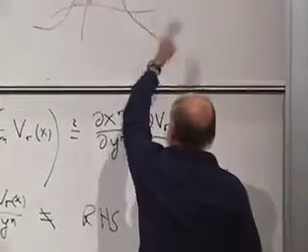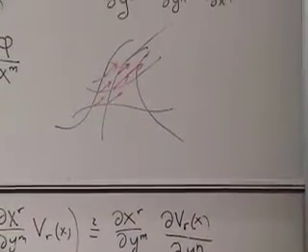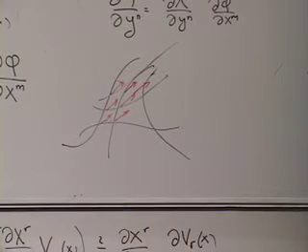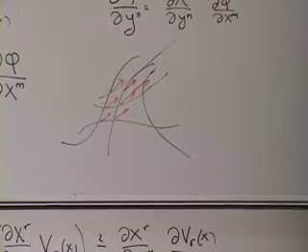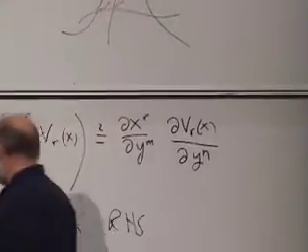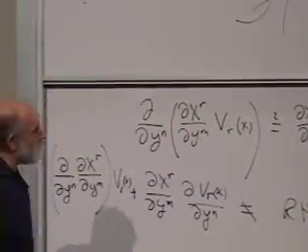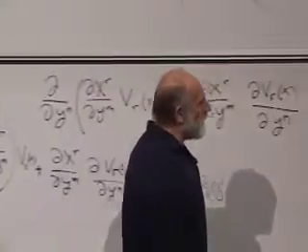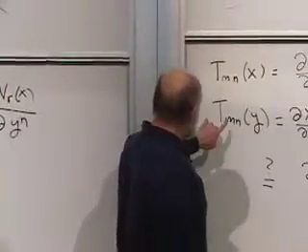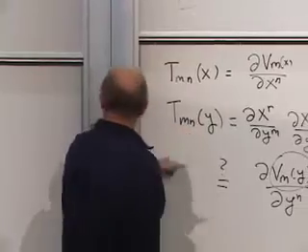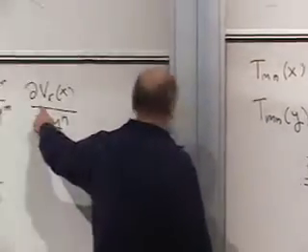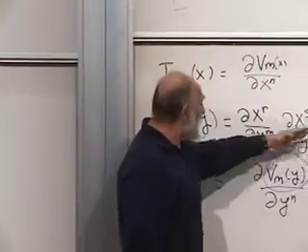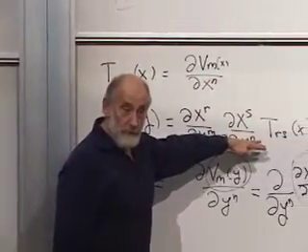Except the red vectors could also be varying from place to place, and we see that there's an extra contribution. Look at the form of this. The left-hand side is what you would get if T really did transform as a tensor.